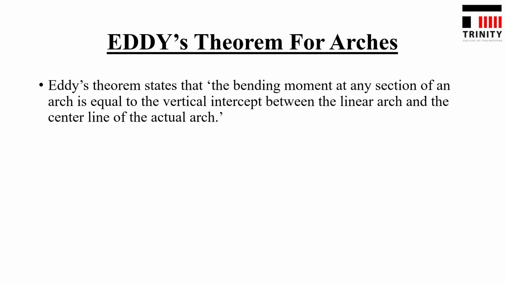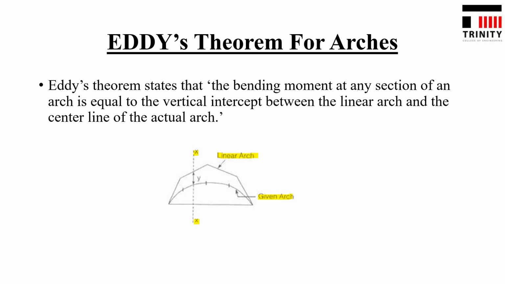I will explain it with the help of a figure. So here the parabola is the actual arch or the given arch, and the linear arch is shown in this figure, which is the theoretical arch. According to Eddy's theorem, consider any section XX on the arch.